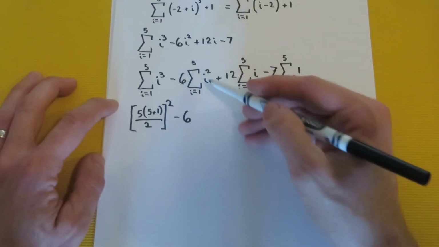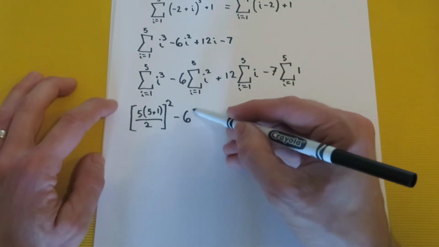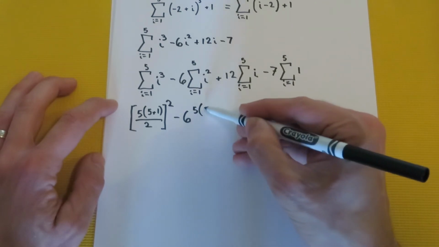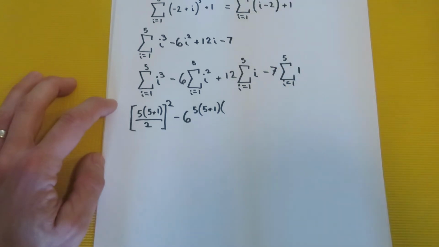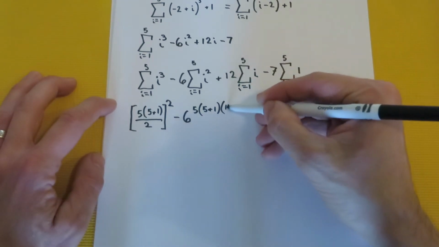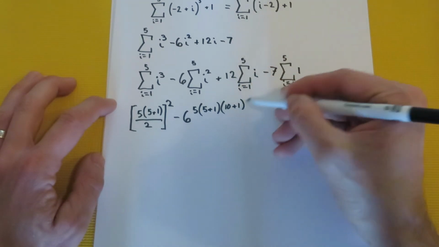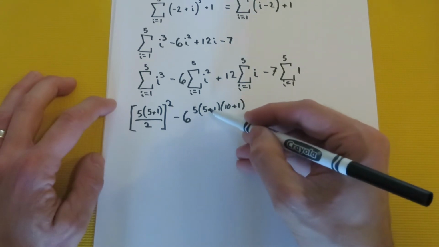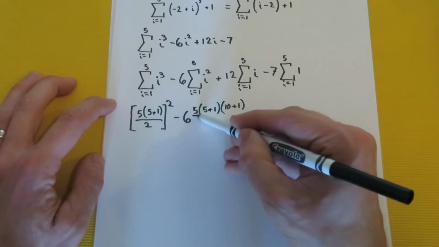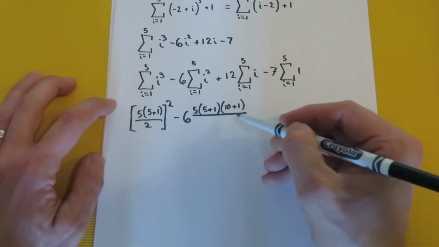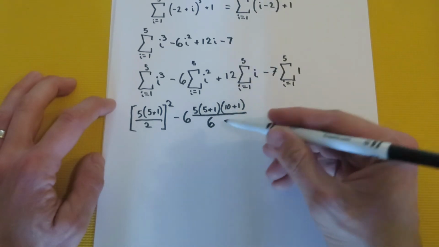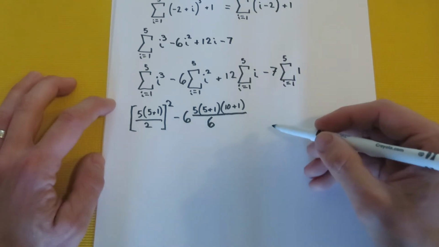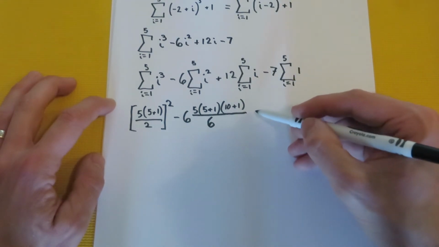And when you evaluate that for n equals 5, we just get 5 times 5 plus 1 times 2 times 5, which is just 10, plus 1. I could have written 6 and 11 here, but again I didn't want to skip too many steps because I want this to look at least a little bit familiar for you. The 6s will cancel out. We will look at that in the next step.